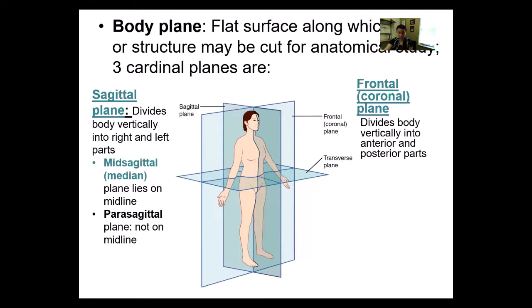Sagittal plane divides the body vertically into right and left parts, right? And I always remember sagittal, again, maybe super nerdy, but SAG, 1 G, the 2 T's are kind of making an arrow, right?